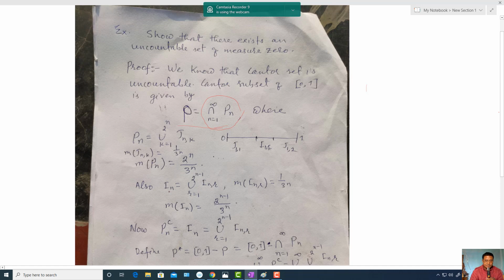Also, In, the removed interval in the nth step: 2 to the power n minus 1 disjoint open intervals are there, so the total union is over r running from 1 to 2 to the power n minus 1. Each interval has measure 1 by 3 to the power n. Therefore the measure of In is 2 to the power n minus 1 divided by 3 to the power n.